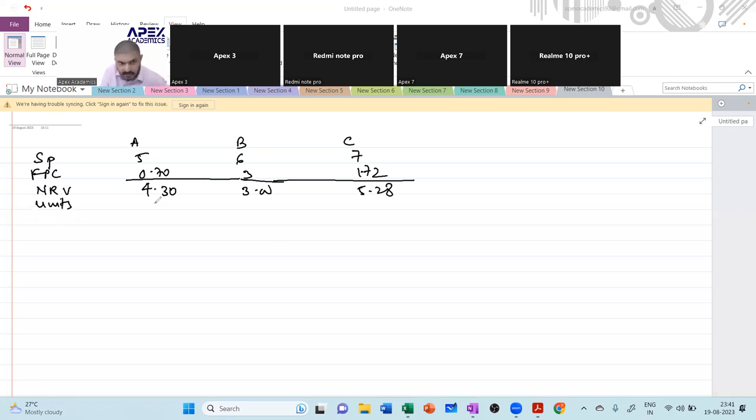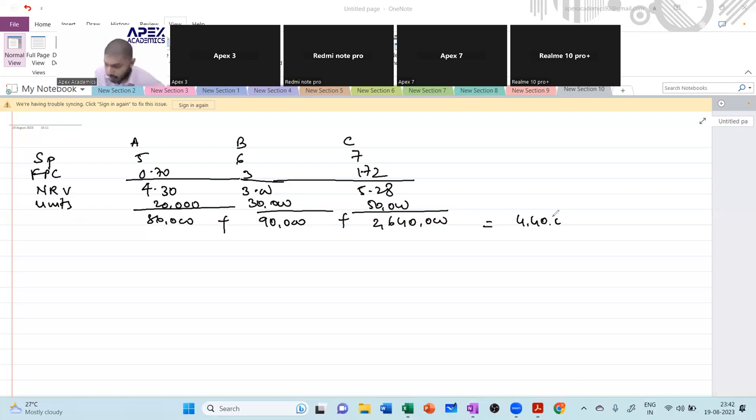The units are 20,000, 30,000, and 50,000. 86,000, 90,000, 2,64,000, 4,40,000.